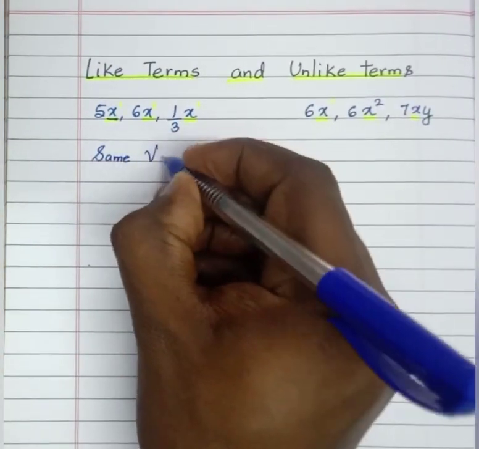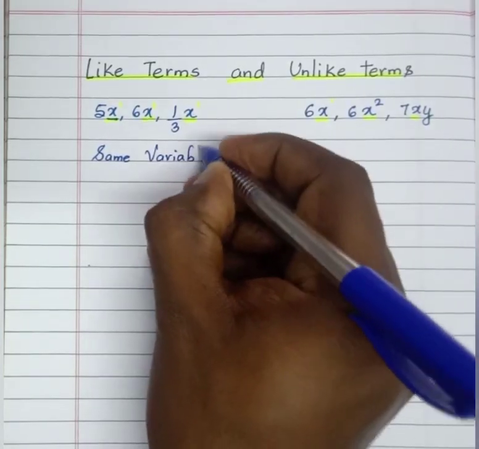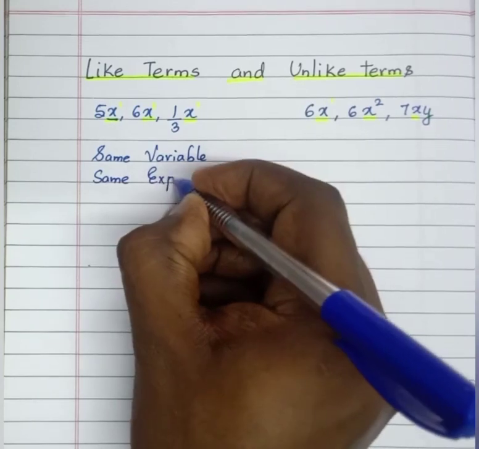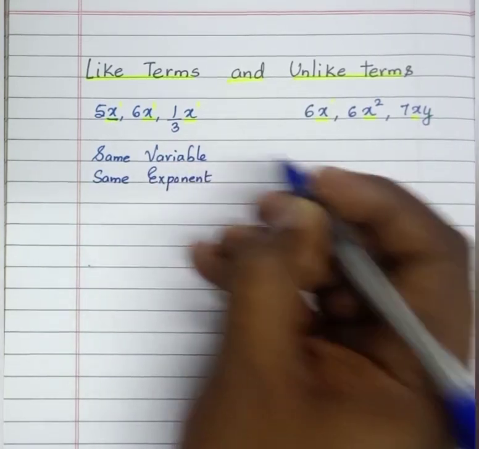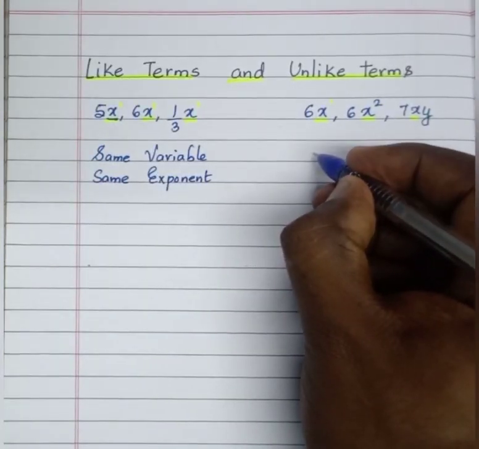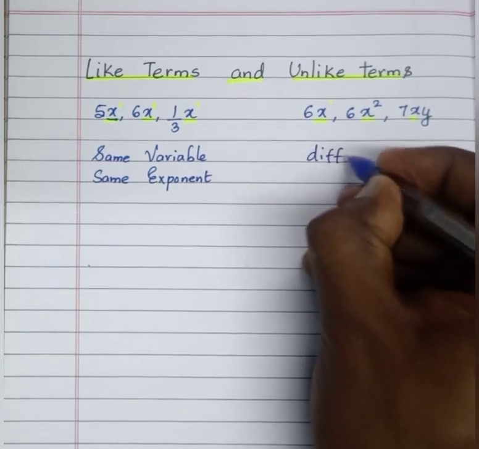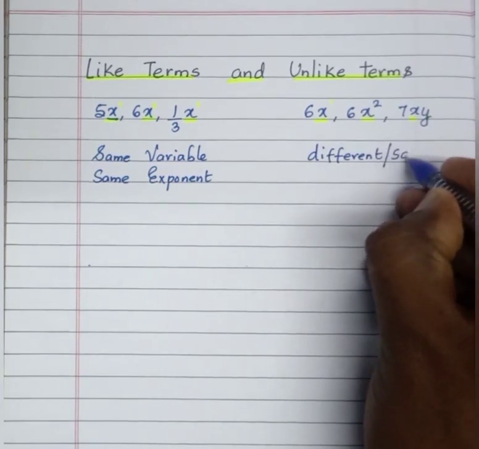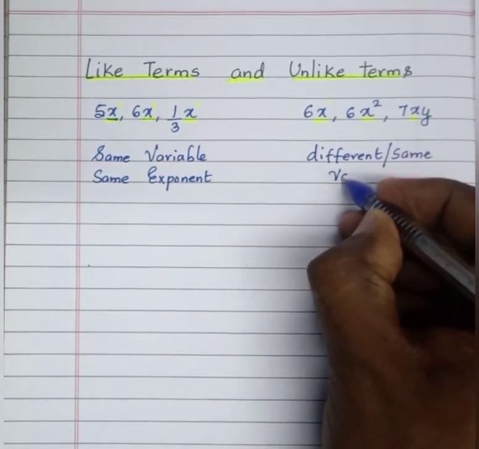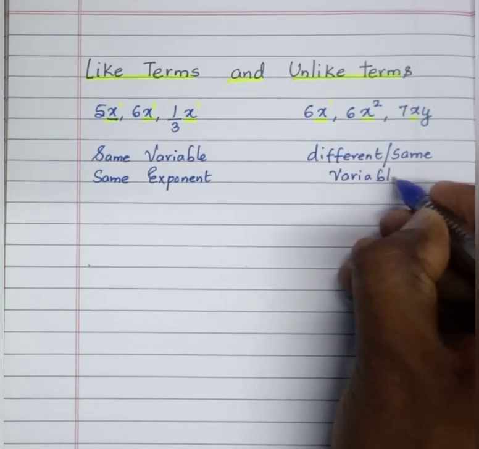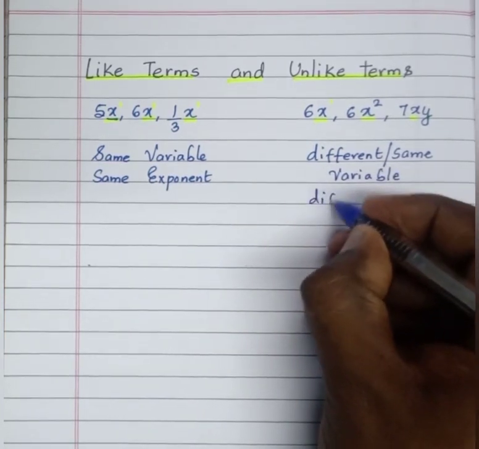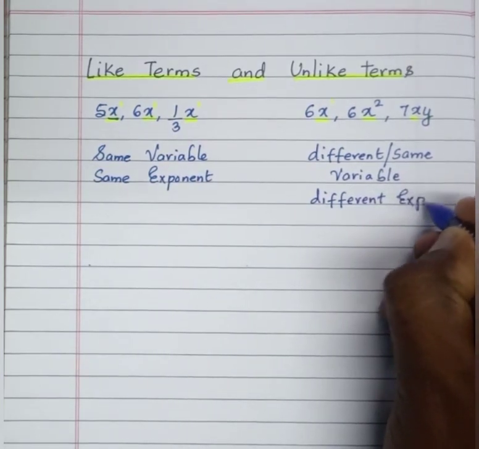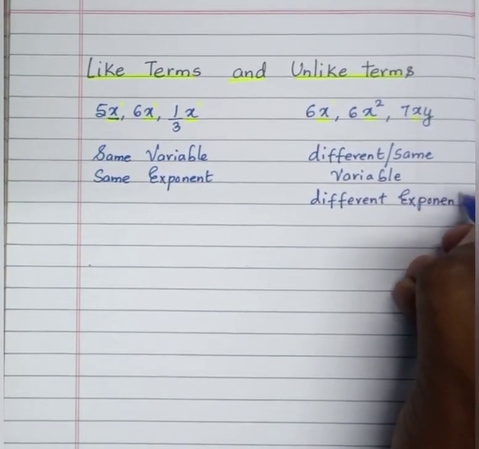So, I can define like terms as those which have the same variable with the same exponent. What are like terms? Like terms should have the same variable and same exponent, but unlike terms might have different variables or the same variable with different exponents.